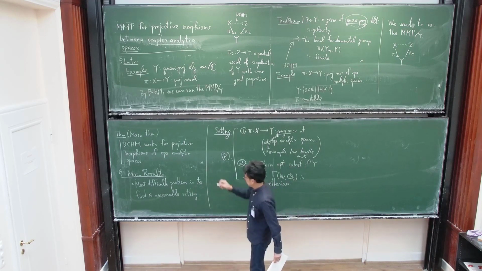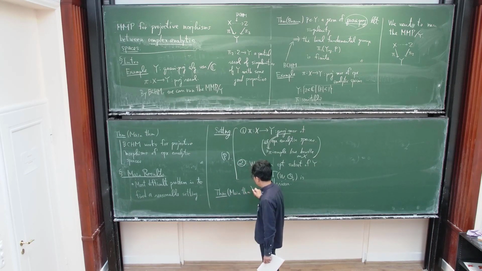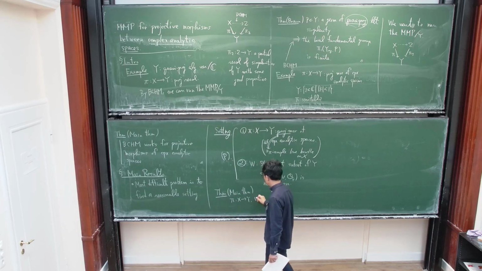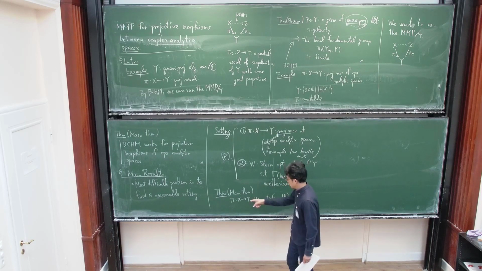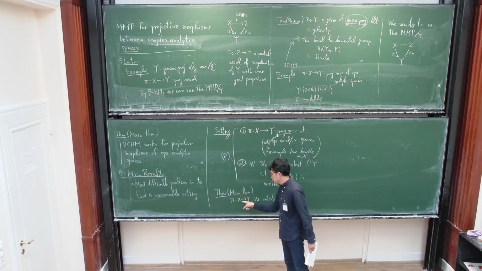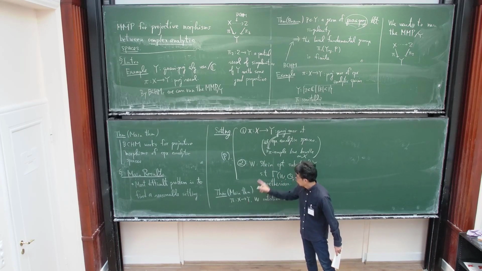So a more precise version of the theorem is as follows. In the theorem, let pi: X to Y and W satisfy P. This is a projective morphism between complex analytic spaces, and W is a Stein compact subset.